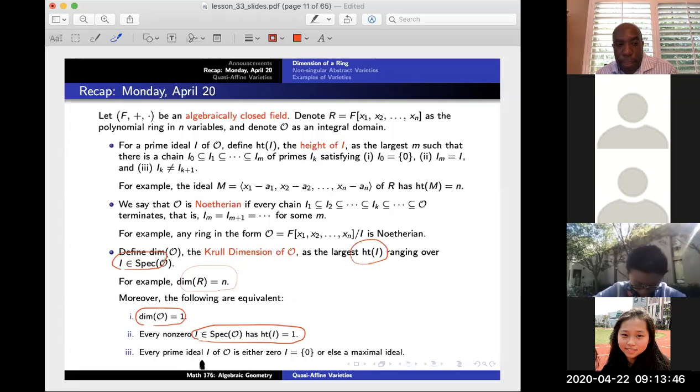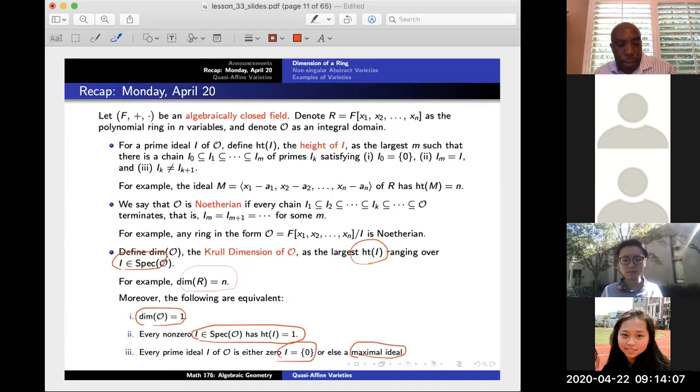And that's equivalent to saying that every prime ideal is one of two types. Either the prime ideal is the zero ideal, or the prime ideal is a maximal ideal. So again, that's what it means for a ring to be dimension 1. Every prime ideal comes in one of two types. Either it's 0 or it's maximal.